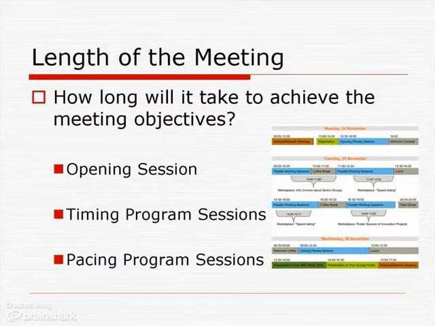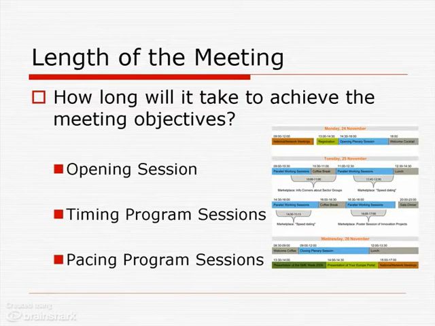Length of the meeting. How long will it take to achieve the meeting objectives? Now that's the duration of the meeting. How much time is associated with the meeting itself? Within that, we're going to talk about the opening session, the timing of the program sessions, and the pacing of the program sessions. Now, these are components of meetings that will determine the length and the duration, which means how long each of these will last and how quickly they occur.